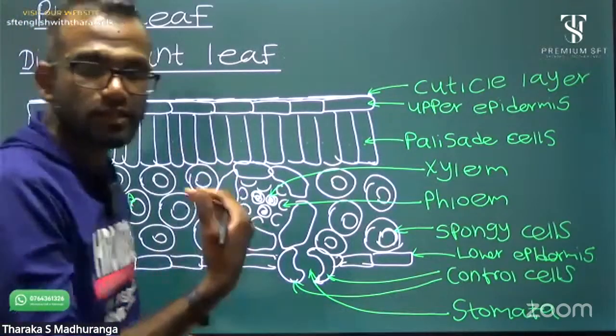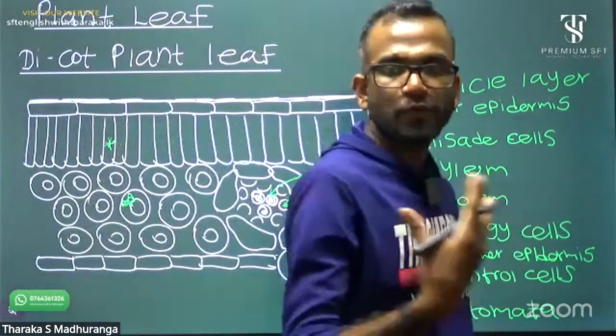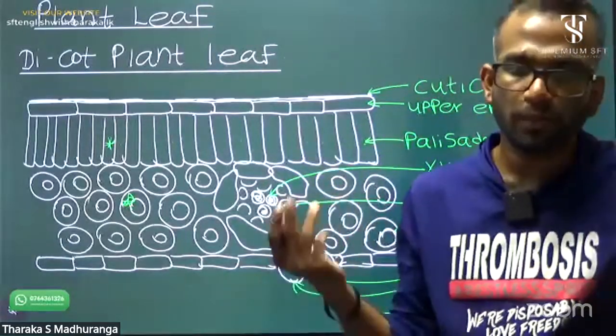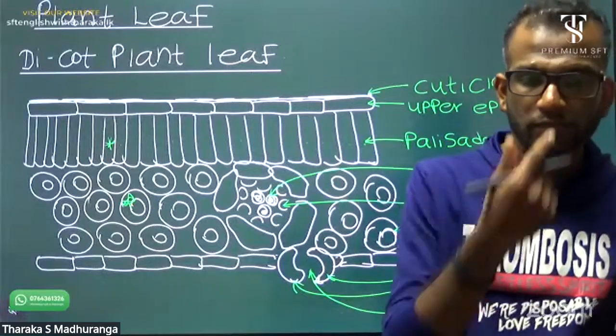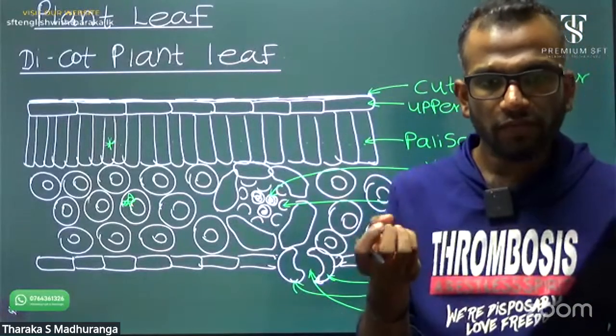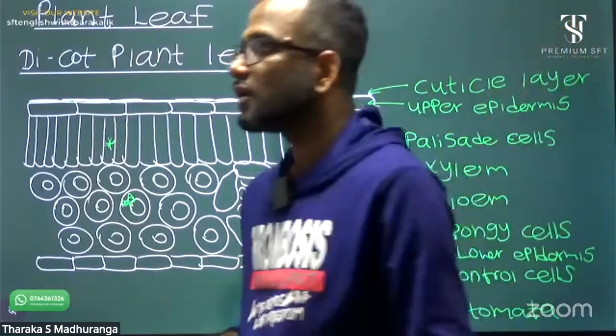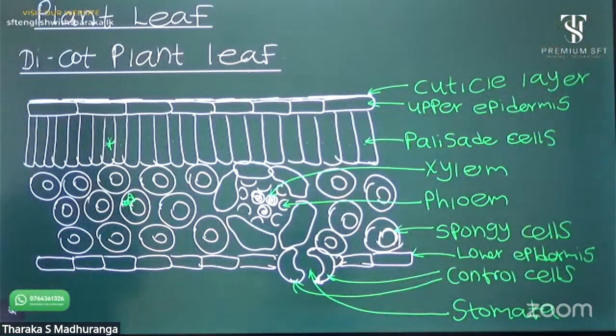Stomata are for respiration, and for photosynthesis we need carbon dioxide. Carbon dioxide is obtained through the stomata. And if it is a high heat condition, they close to reduce transpiration.